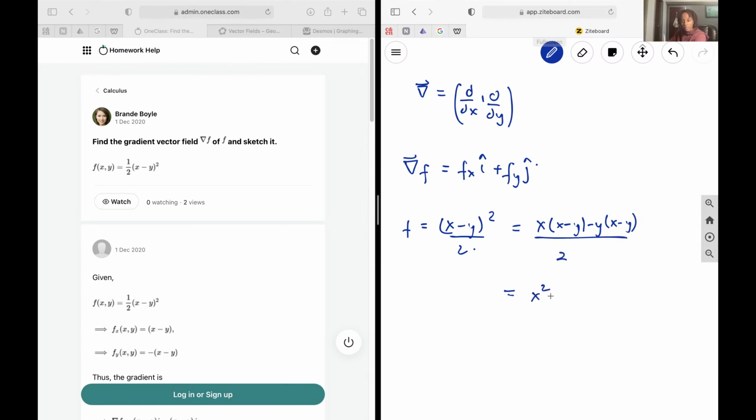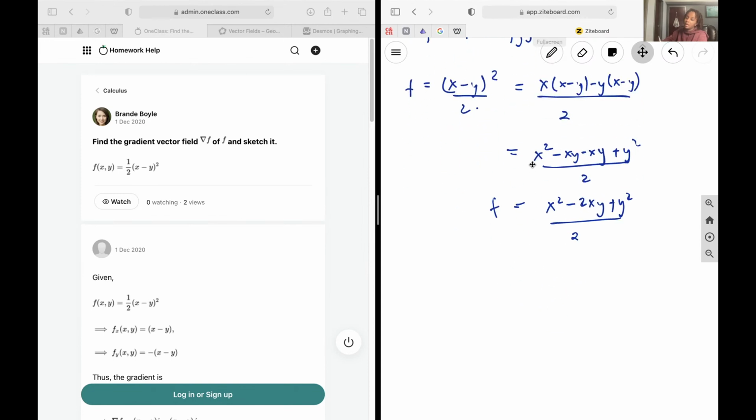So we get x squared minus xy minus xy plus y squared, over 2, which gives x squared minus 2xy plus y squared, all over 2. And this is going to be my f.